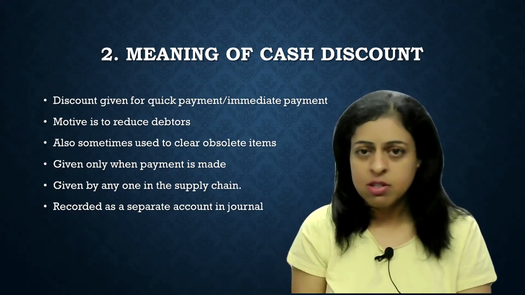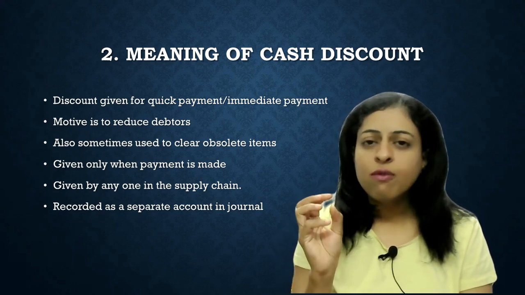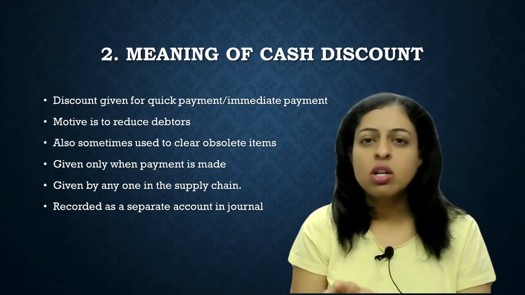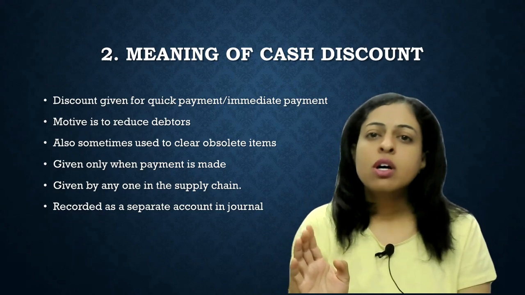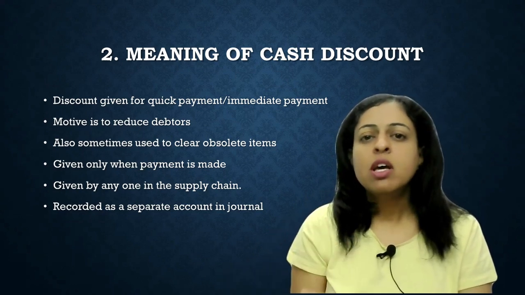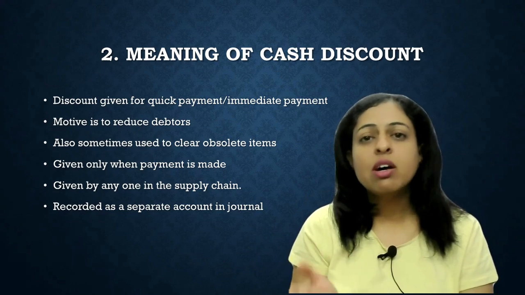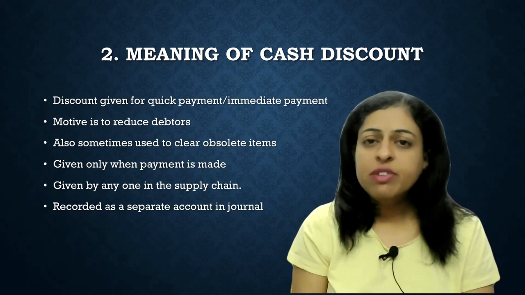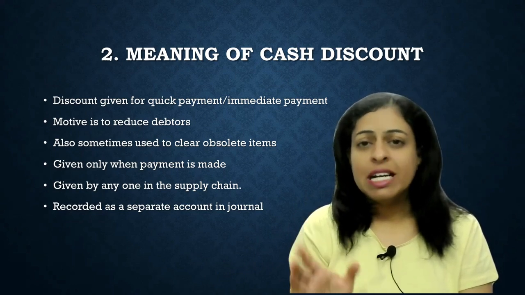in the earlier instance. So this is the first important thing related to cash discount, that cash discount is not given for the purpose of selling more. It's more of given in case you want to make a quick realization of money. The motive is basically to reduce your debtors.